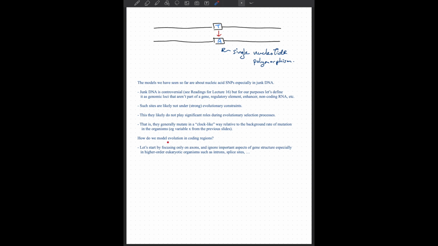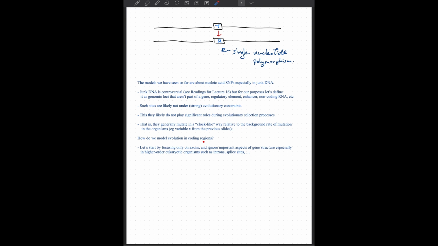But if you're in a coding region, or more generally, if you're not in junk DNA, if you're part of a binding site, or a non-coding RNA, something that's functional, that gets transcribed or is bound by something like a transcription factor, when it mutates, it may have an effect on the fitness of the individual, and so it may be selected out. The organism may not survive. So it's deleterious.